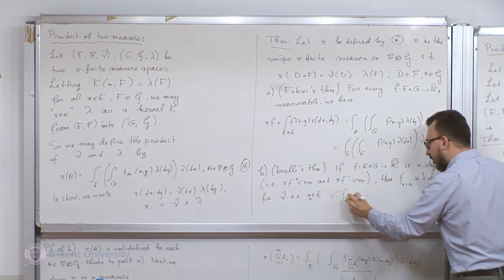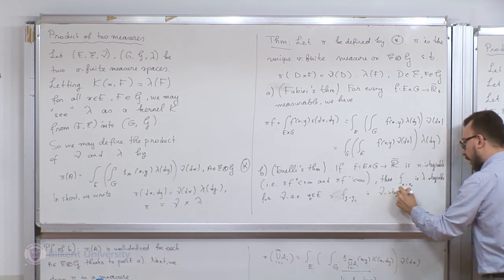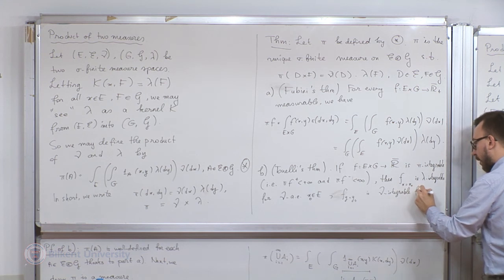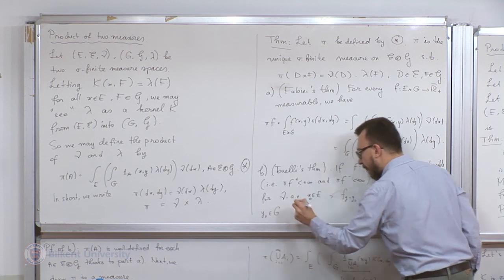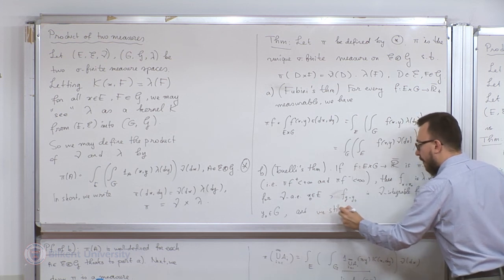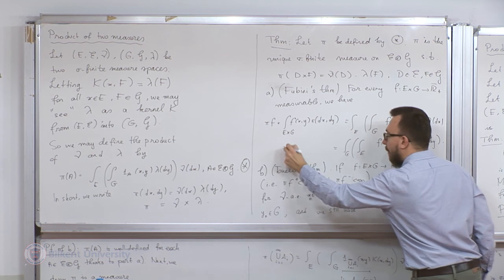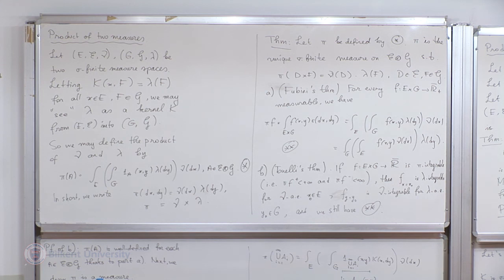And the section in the second variable is nu integrable for lambda almost every y in G. And we still have the swap, let me call it double star. So in other words, if your functions are integrable but can take negative values, you can still do the swap of the order of integration.